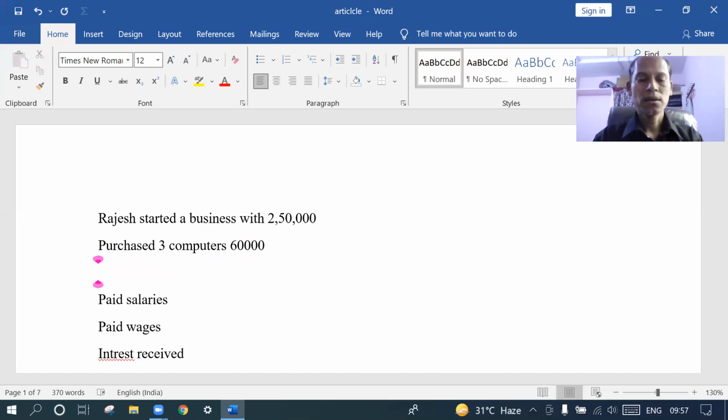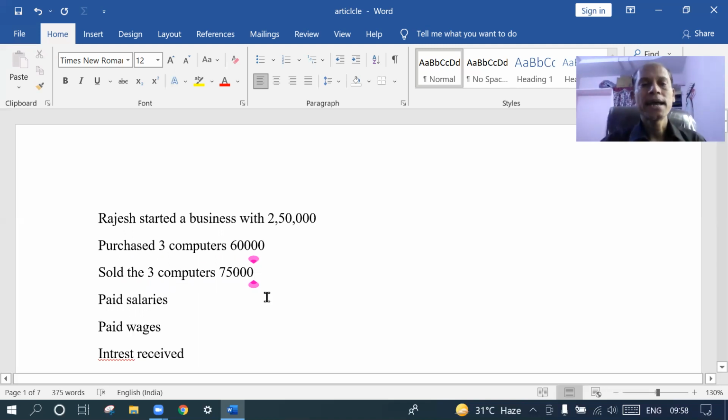Again, sold the 3 computers, 75,000, because it will be equal if the computers are at the rate of 25,000. That will be very easy to understand.